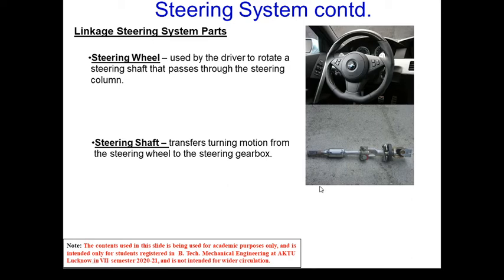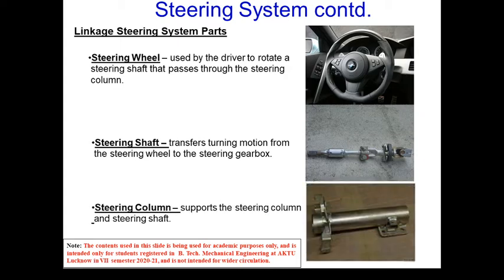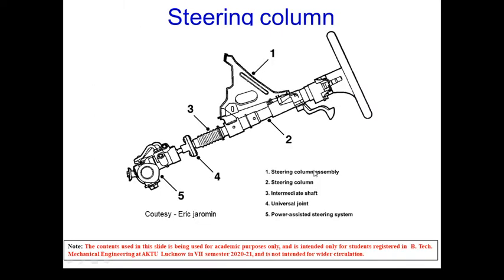Its function is to transfer the turning motion from the steering wheel to the steering gearbox. The steering column supports the steering shaft. This shaft is supported in the steering column by using suitable bearings or fittings.